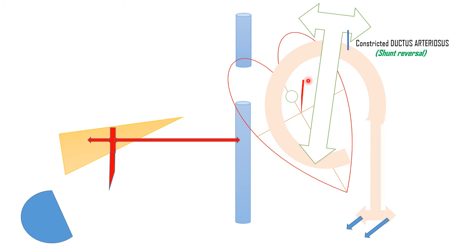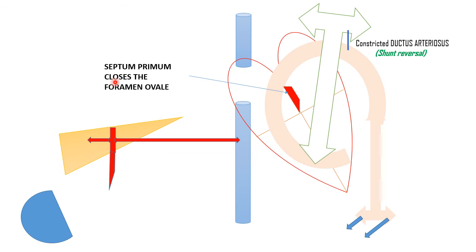Then second, here the septum primum is present. Once the pressure increases in this left atrium, it pushes the septum primum towards the septum secundum, towards the interatrial wall. So when it forces the septum primum to close the foramen ovale, what will happen?